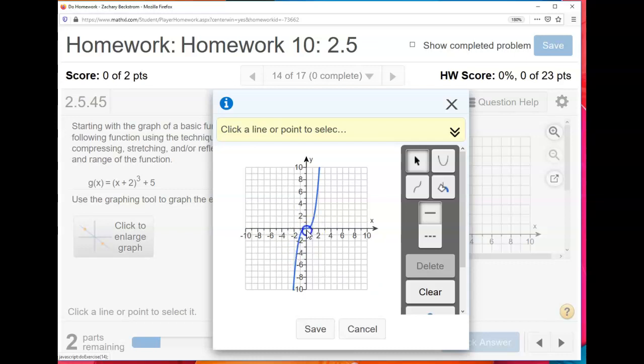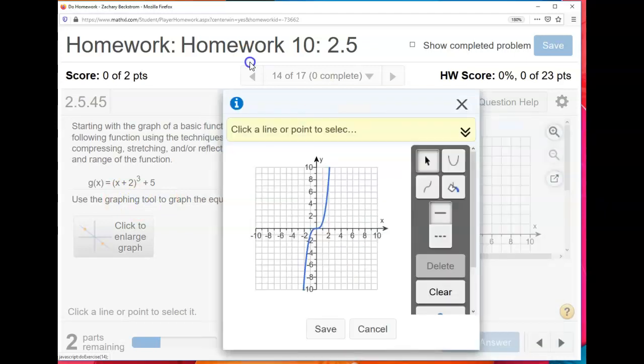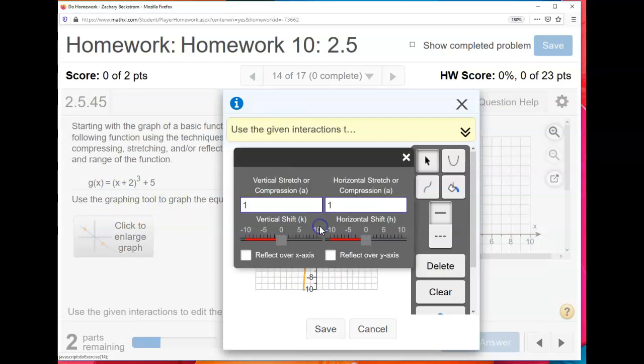It goes through the point (0, 0). It starts off at negative infinity, goes up to (0, 0), and then increases up to positive infinity. Now we want to make the changes, the shifting of that function. When you add a 2, that's going to take it 2 to the left.